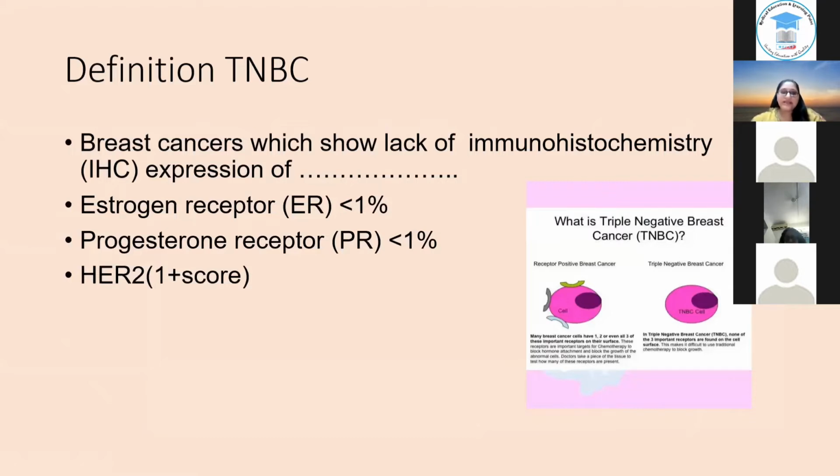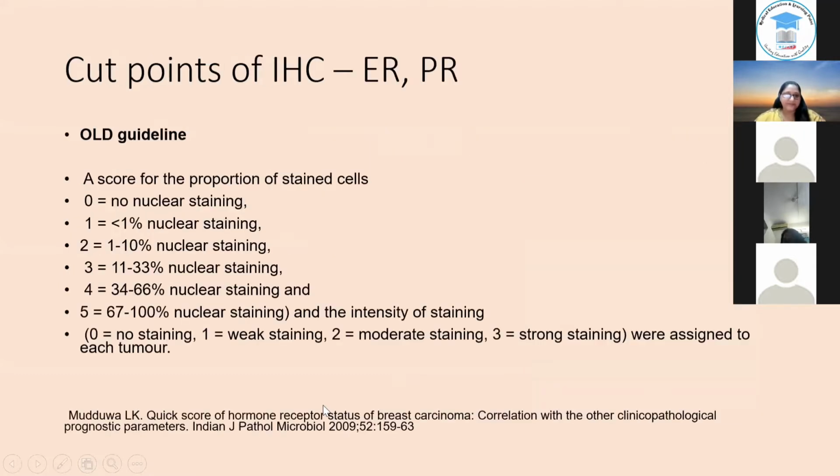So lack of IHC expression or absence of IHC expression means what? When the percentage of ER is less than 1%, the percentage of tumor cells showing PR is less than 1%, and HER2 score is 1+. So a cell which lacks these 3 receptors comes in the category of TNBC.